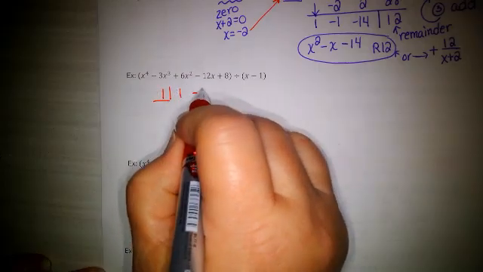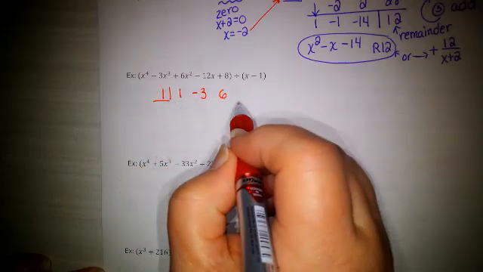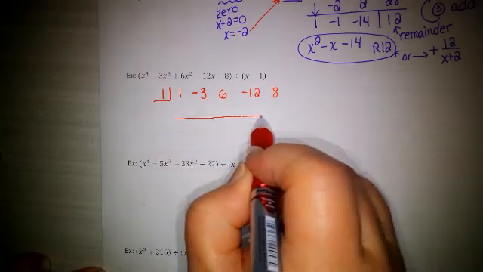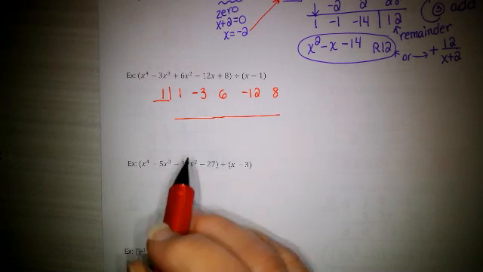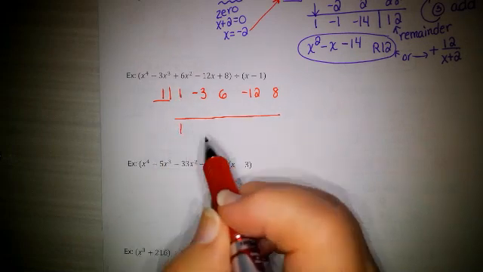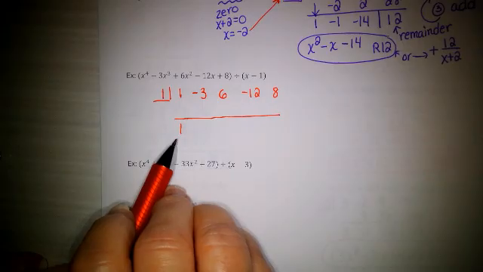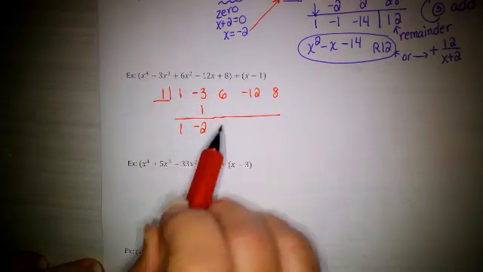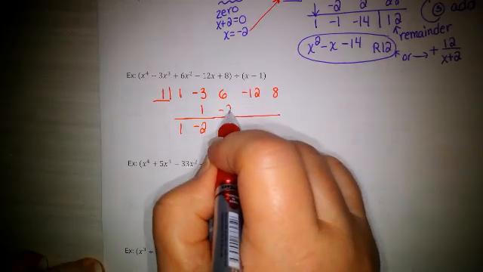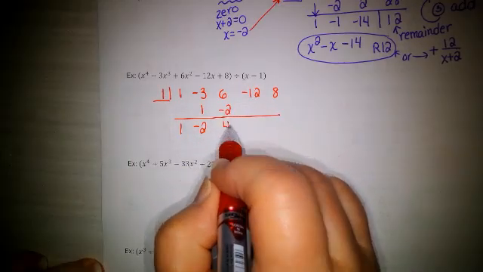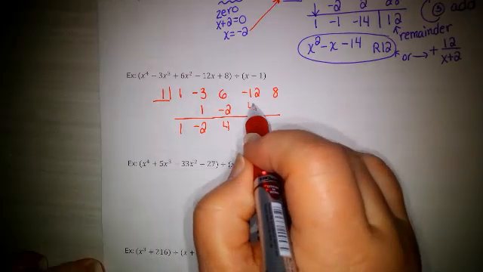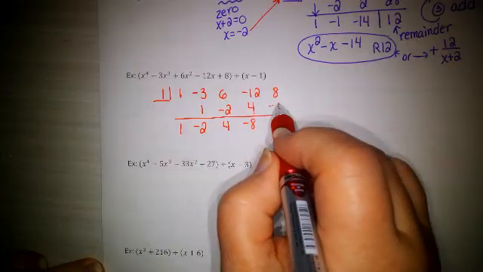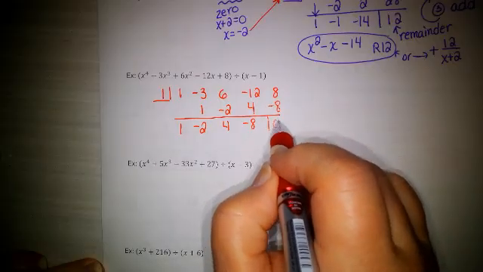X to the fourth, x to the third, x to the second, x, and my constant. The first step is to bring down the first term, and then it's multiply, add them together. Multiply, add them together. Multiply, add them together. Multiply, add them together.